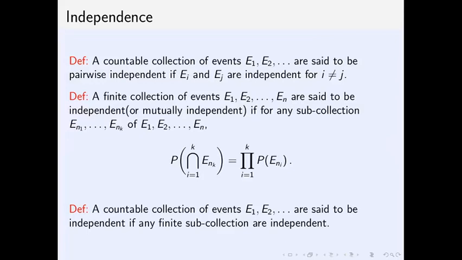Now we extend it for the countable collection of events. For the countable collection of events, E1, E2, dot dot dot are said to be independent if any finite subcollection is independent. Okay, clear?